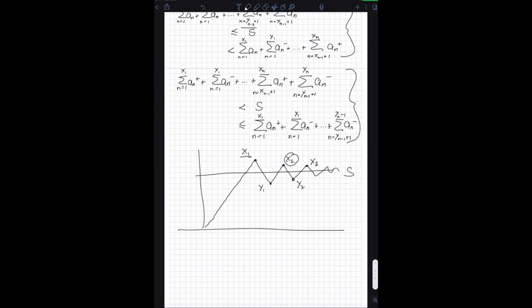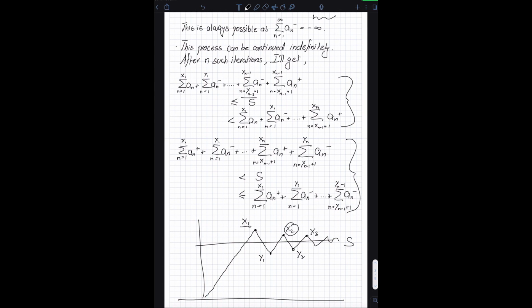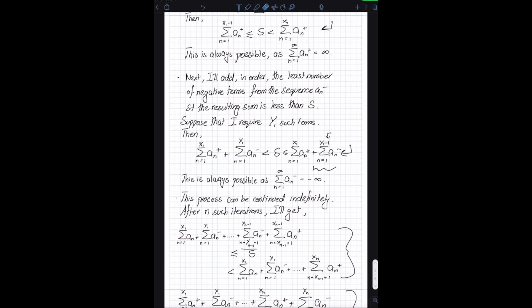The first step is to add up enough positive terms to exceed s, and the second step is to add up enough negative terms to reach something that is less than s. And what this general part says is what the general nth iteration is going to look like. So if you just sub in n equals 1 over here, you're going to get the iteration that I just wrote over here.